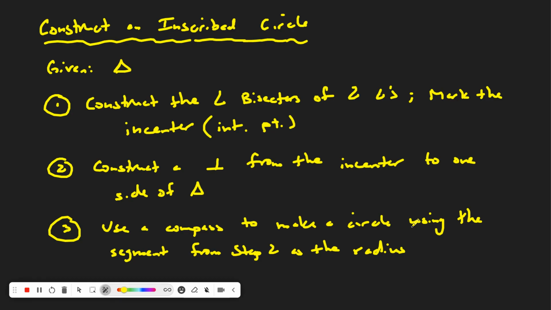And this is how we'll go through and construct an inscribed circle. So again, that step 2 is different than the circumscribed circle. So we have one extra step to do. Okay? So let me show you how to do this on Desmos geometry. You will have to do this as well. So make sure we pay attention.